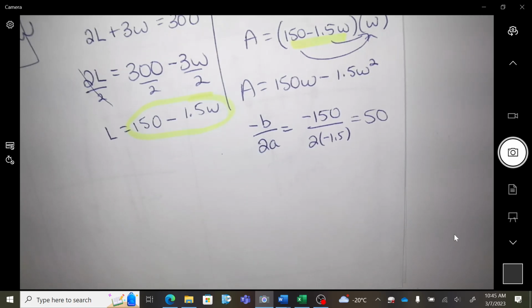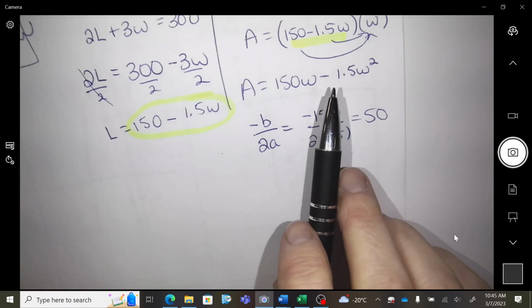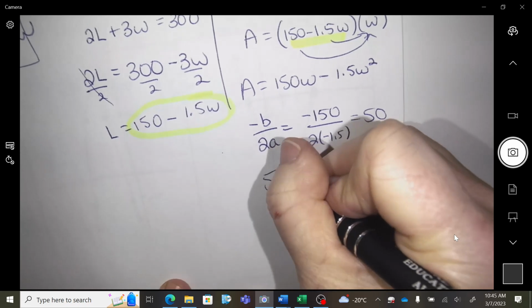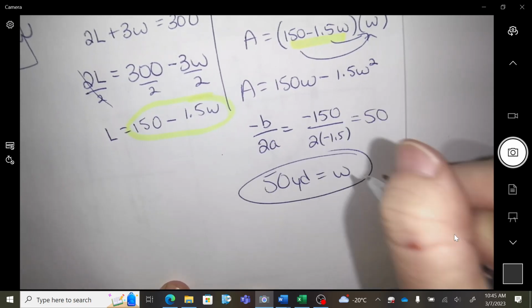Okay, 50 is normally the x, but what is it now instead of the x? 50 is the w, right? Instead of x, it's w. So 50 yards equals the width.